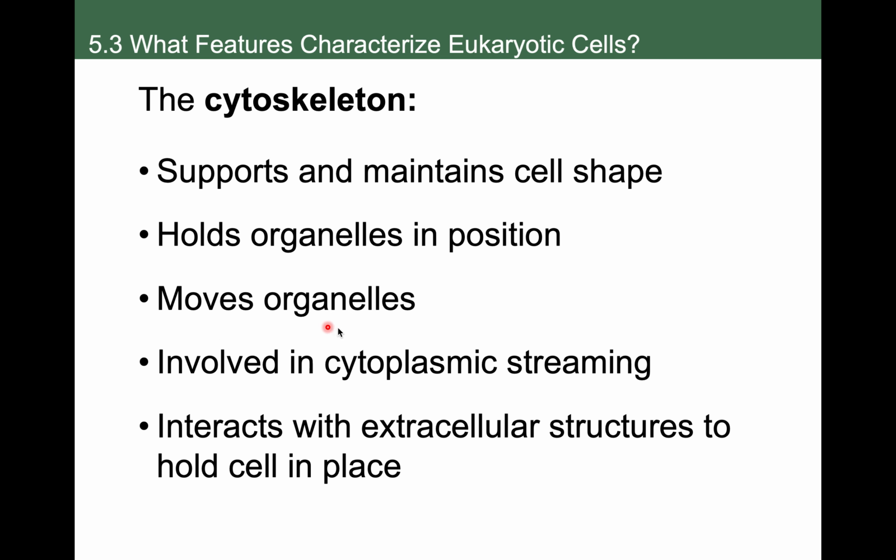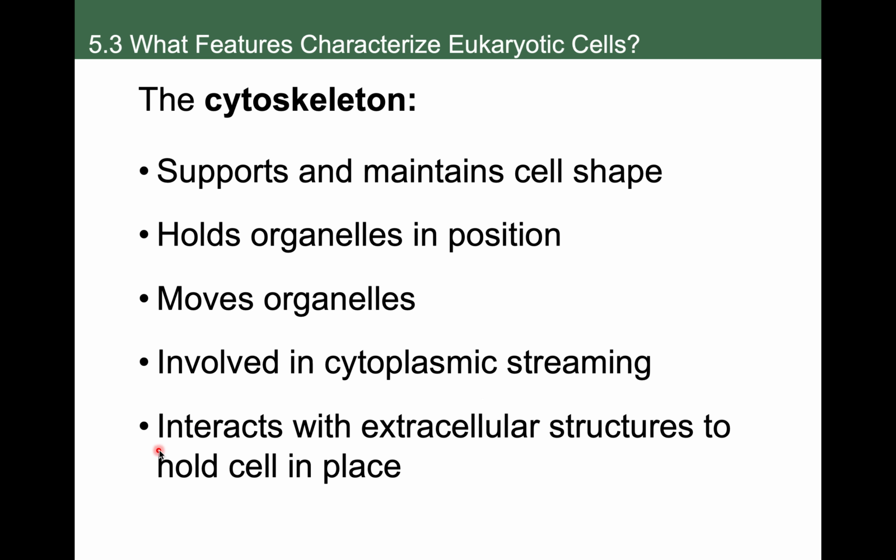And in fact, the movement of organelles and vesicles along some of these cytoskeletal tracts will result in this phenomenon called cytoplasmic streaming, which is sort of just like it sounds. It's the cytoplasm sort of being stirred up and streaming around inside of a cell, which can help aid in diffusion of molecules within a cell.